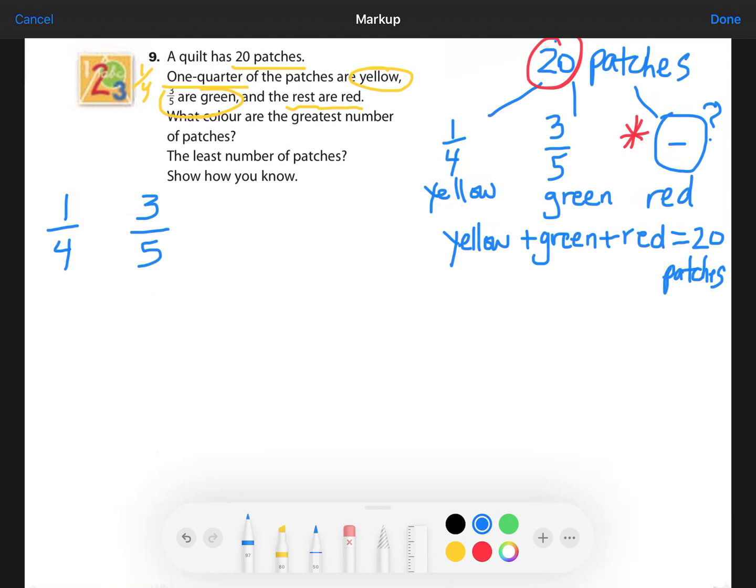And you'll remember from the previous question, on the previous day that we took up math, which was 2 days ago, that we can't compare fractions unless they have the same denominator. So I'm going to try to think of a number that 4 and 5 both divide into equally, and that will be my new denominator.